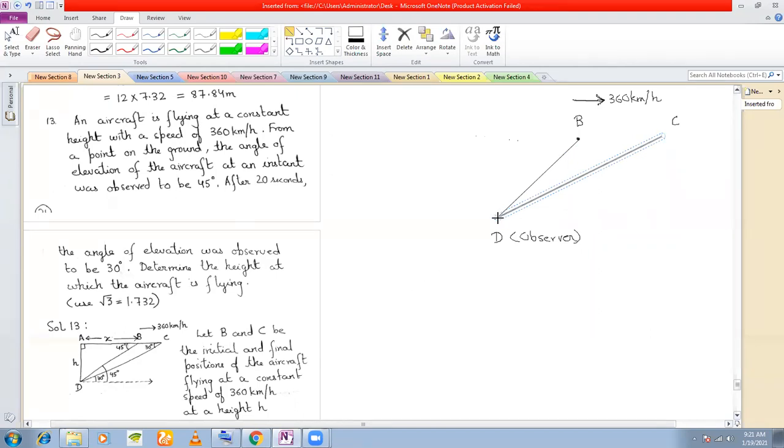And this is your ground level here. The angle of elevation is 45 degrees for the first one. That means this angle here is 45 degrees. And this angle here is 30 degrees.